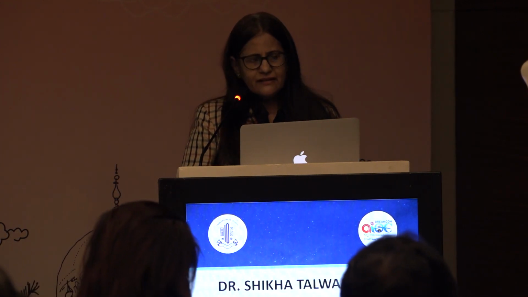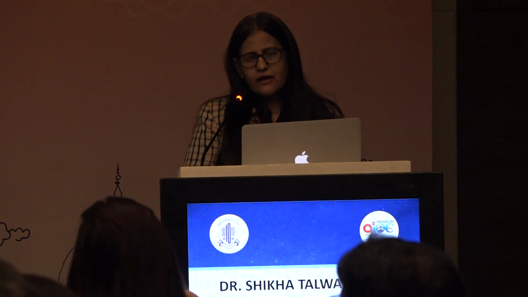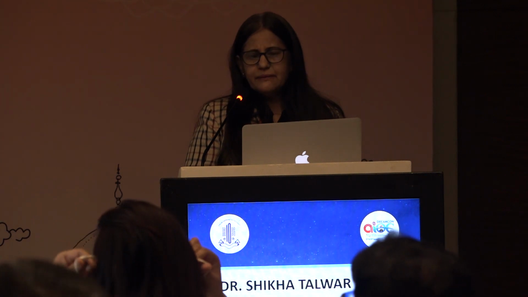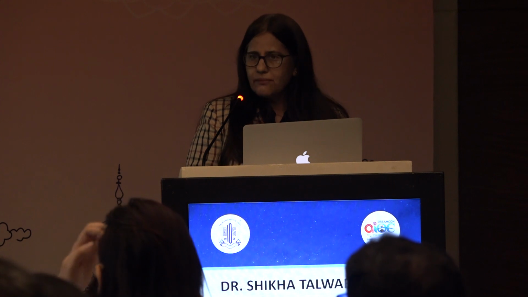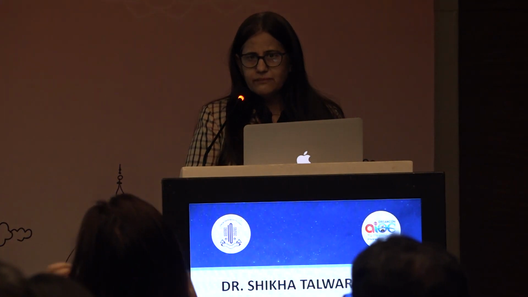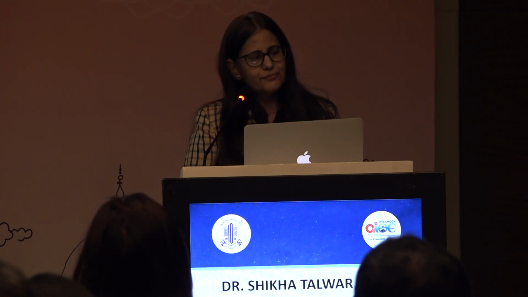So for the RNFL, we need a circular cross-sectional retinal scan of around 3.4 to 3.5 millimeter diameter centered around the optic nerve head. Now, the two commonly used SD-OCT machines are the Spectralis and Cirrus. My talk will be mostly around these two protocols.